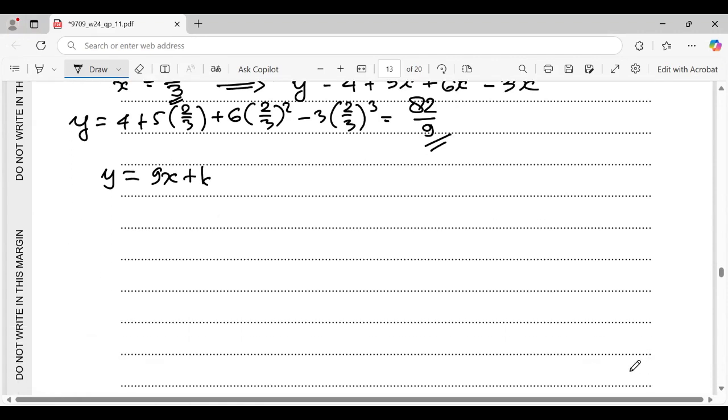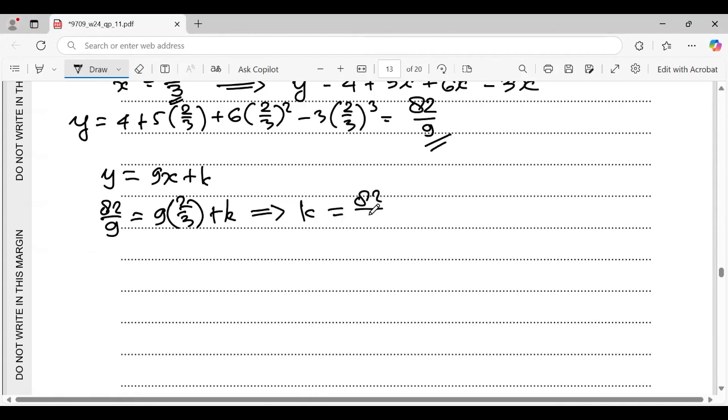If we substitute into this equation, it becomes 82/9 equals 9 times 2/3 plus k. So we can get k equals 82/9 minus 18/3. If we calculate, the result is 28/9. So this is k.